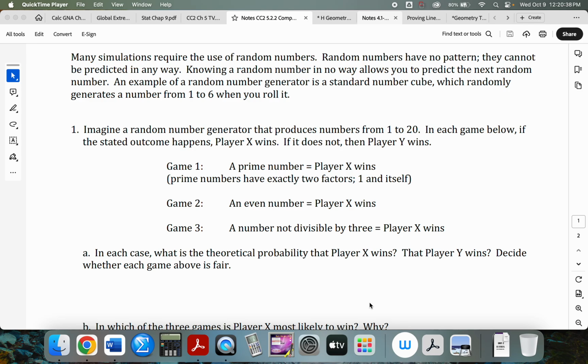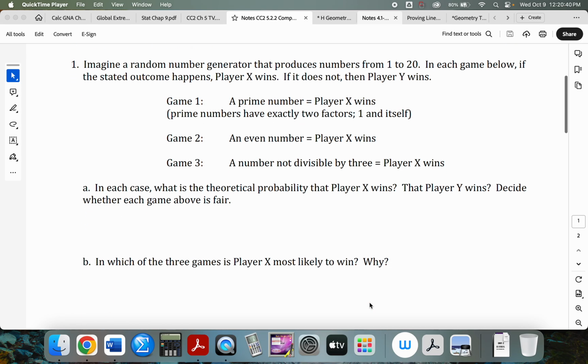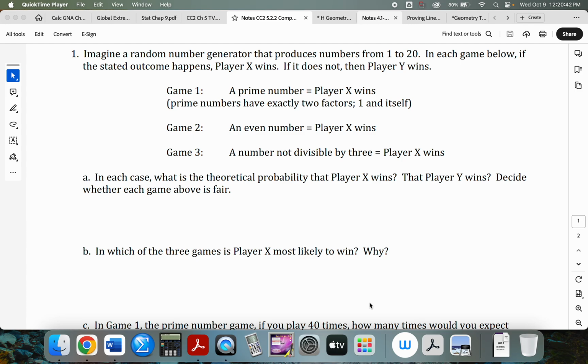All right, anyway, we're going to start without the random number generator. Imagine a random number generator that produces numbers from 1 to 20. In each game below, if the stated outcome happens, player X wins. If not, player Y wins.